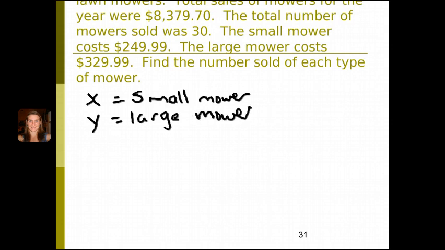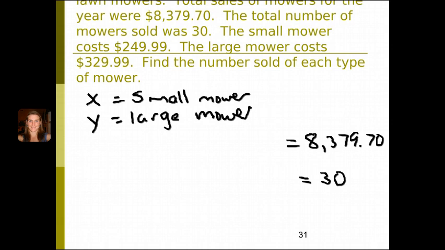From there, we have two totals. One is $8,379.70, and the other total is 30. Well, what gives you $8,379.70? How much the mowers cost.